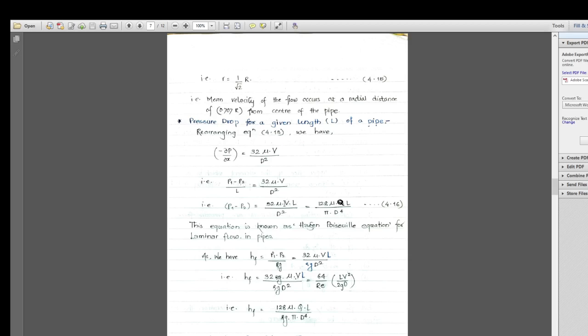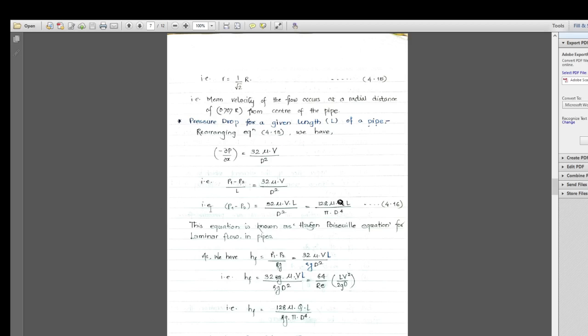Now we can substitute the value of V in terms of Q. If we substitute the value of V in terms of Q, we will get P1 minus P2 is equal to 128 mu Q L by pi d raised to 4.